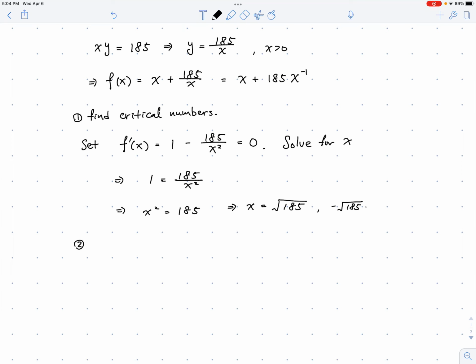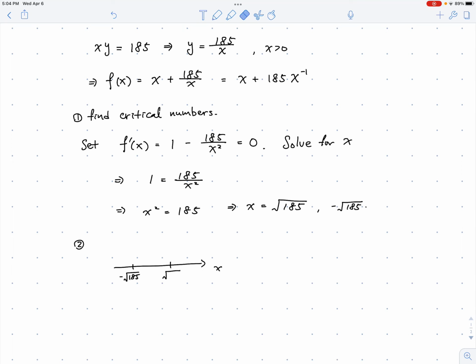Now we can look at the monotonicity. So on the x value, I have minus root of 185, and I have plus root of 185.